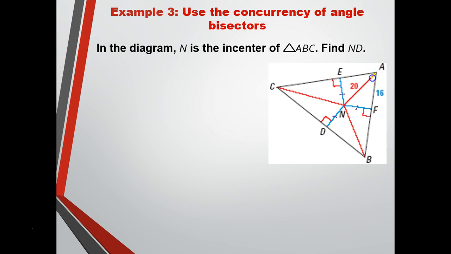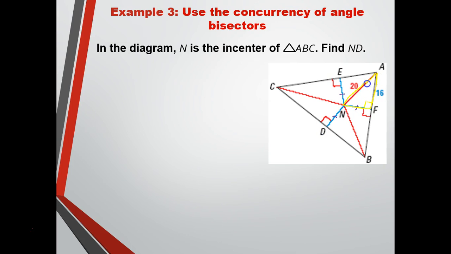We have this triangle right here, and it's a right triangle. All right. So that right triangle right there, we have 16 and 20, and we don't know the other side. If we find what NF is equal to, then we know what ND is equal to.